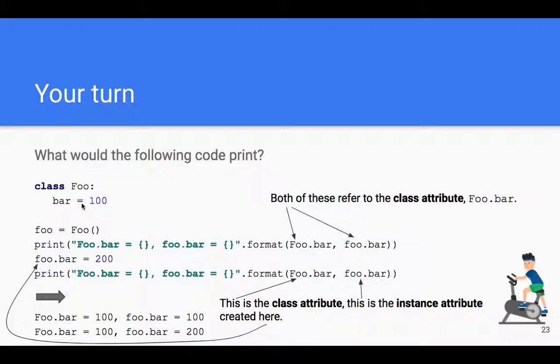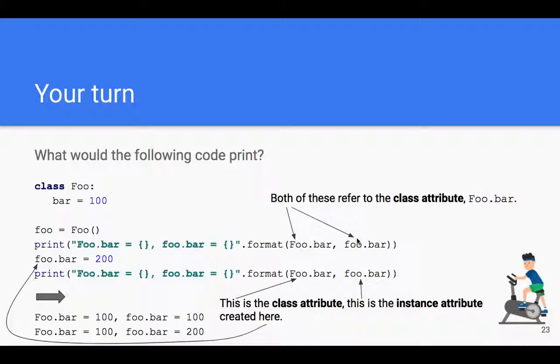So bar is the class attribute. When we create an instance of Foo, and we print out the class Foo.bar and then the instance foo.bar, at this line of code both of these refer to the same class attribute.